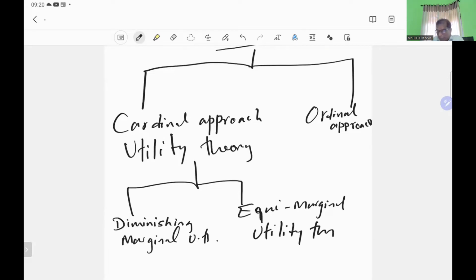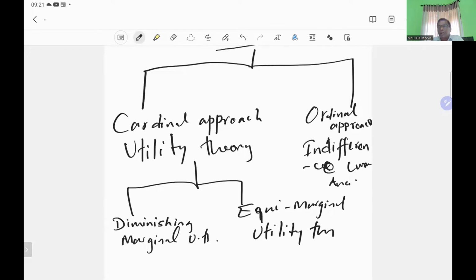Then the ordinal approach, the technique, is indifference curve analysis. Another alternative name is indifference curve analysis.